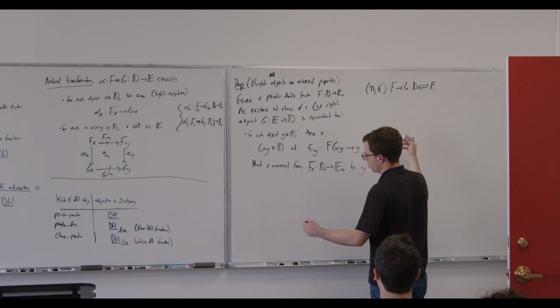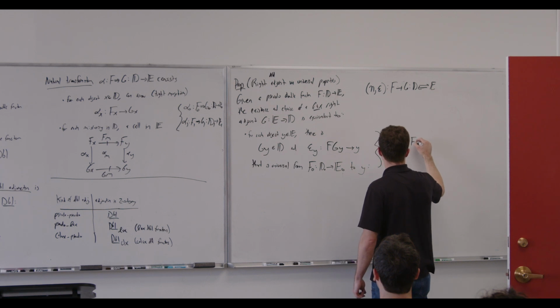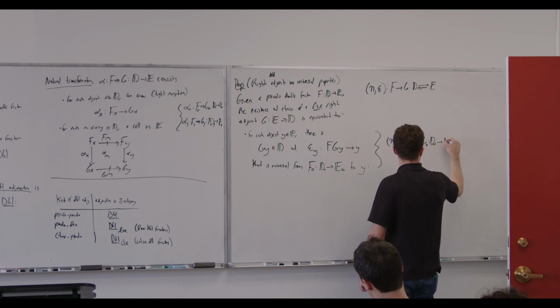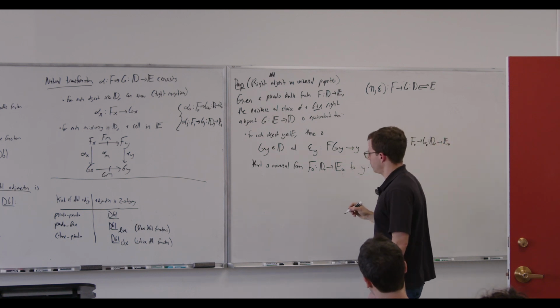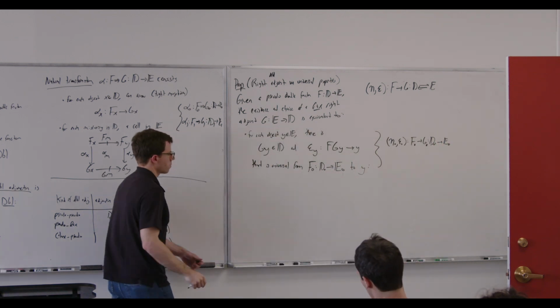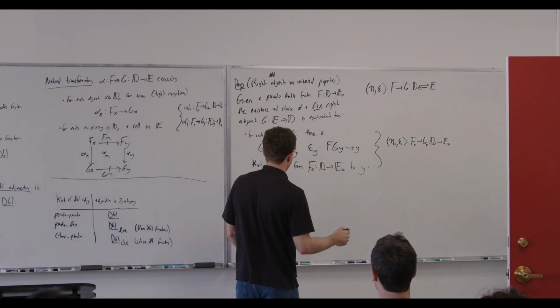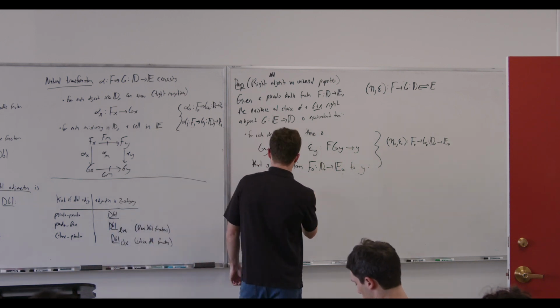By one characterization of adjunctions in ordinary category theory, this is giving me some kind of adjunction. Would it be helpful if I wrote down this universal property? Okay, yeah, I often forget it as well. Let's see if I can get it right.